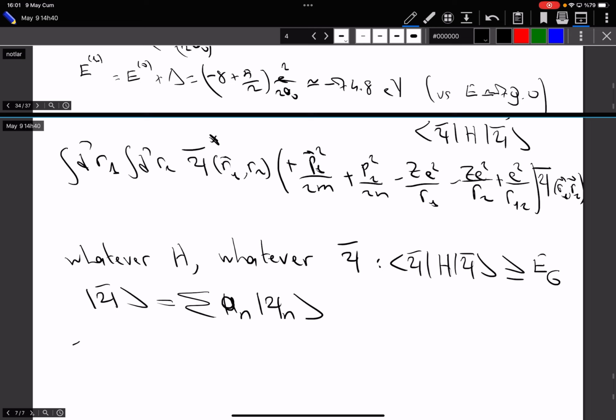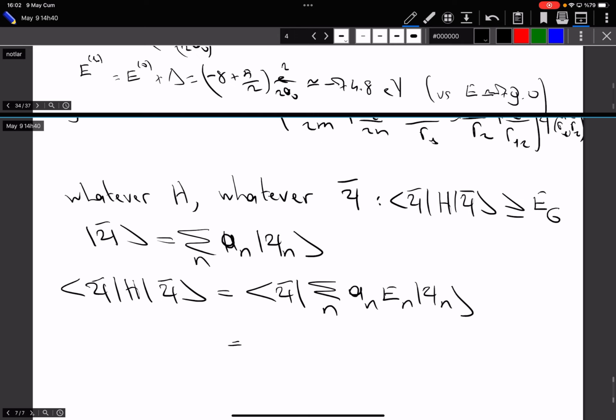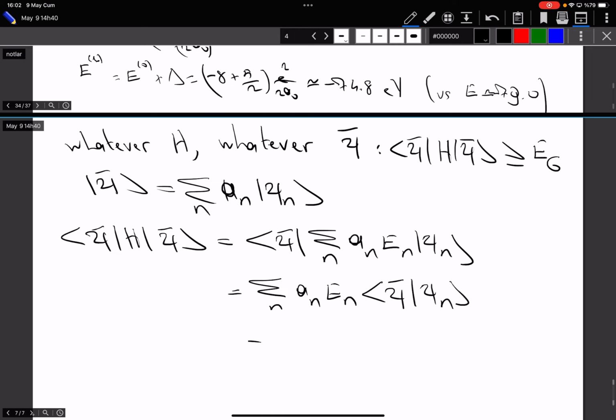So, psi bar H psi bar will be psi bar, sum over n of a_n E_n psi_n, which will be sum over n of a_n E_n times psi bar psi_n, but this is a_n star.